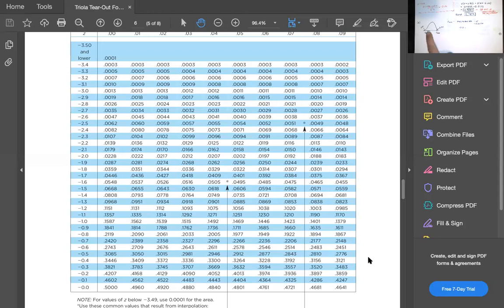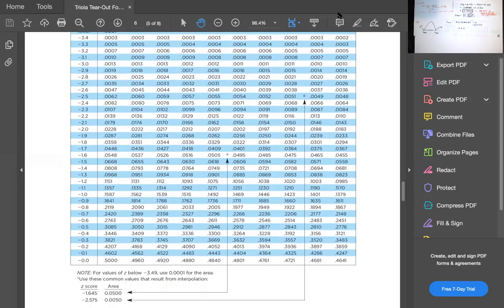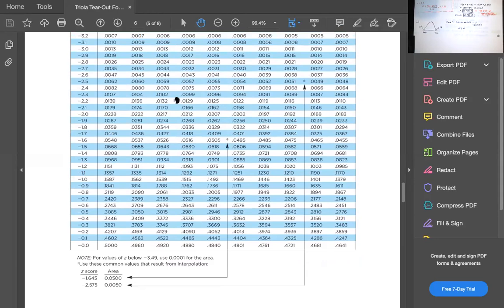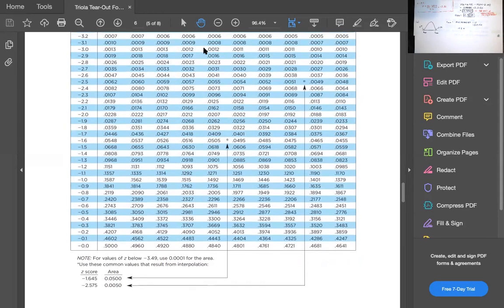Obviously, z is negative because it's separating the 1% from the top 99. So we're over here on the far left. And I want the entry in the table to say 0.0100. I'm going to look for it. .01. Oh, there it is. You see it? Kind of hard to see sometimes. There we go.